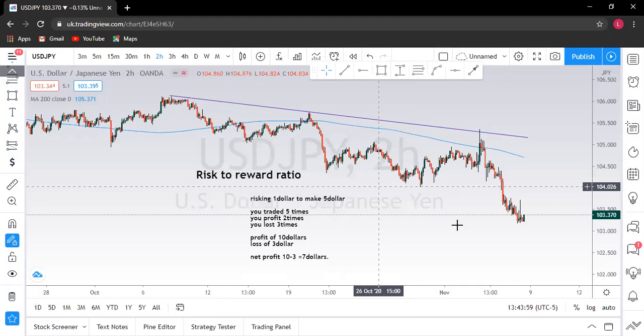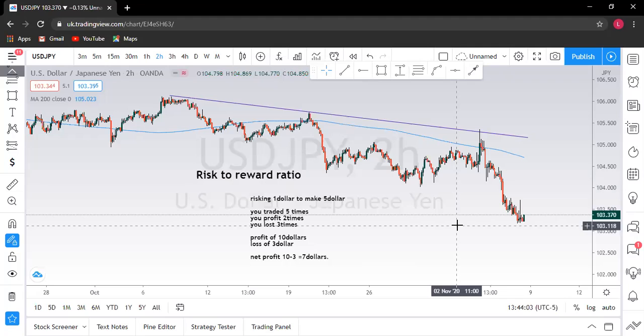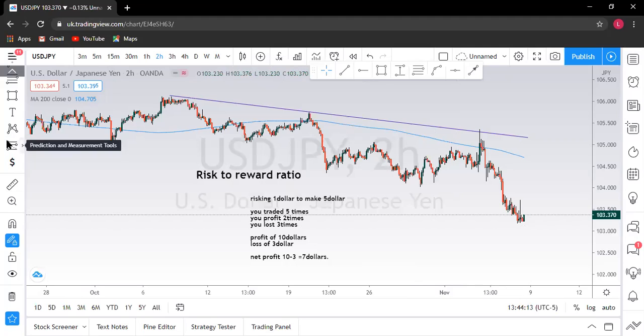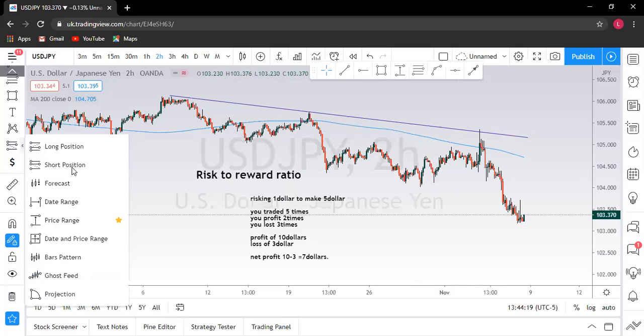So with this small mathematical tool, I hope you understand the importance of having a good and a cool risk to reward ratio. Now, this is how to make use of this measurement tool. You come to this level, you have your long position, you have your short position. If you want to sell, it's short position.